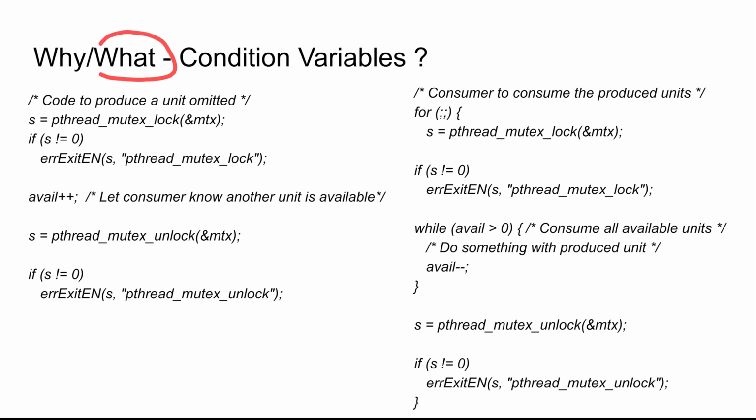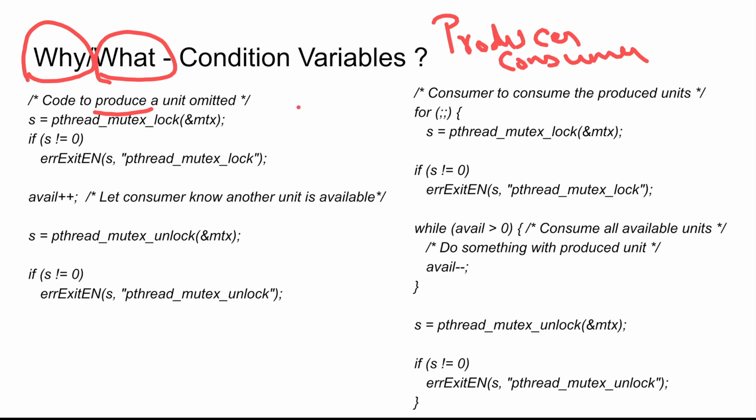Before we dive into what condition variables are, we need to understand why they were needed. To understand that, let's discuss a producer consumer scenario. On the left is the producer code and this is the consumer code. Producer, by doing an increment on the shared integer variable avail, depicts that a unit has been produced, whereas consumer, by doing a decrement on this shared integer variable, depicts that the produced unit has been consumed.